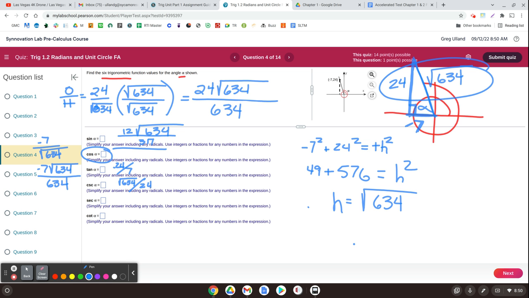And then secant's going to be the reciprocal of cosine. So it's going to be negative radical 634 over 7. And cotangent, that's just the inverse of tangent. So that's negative 7/24.